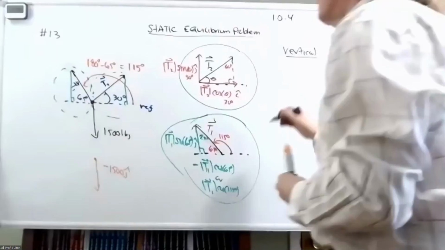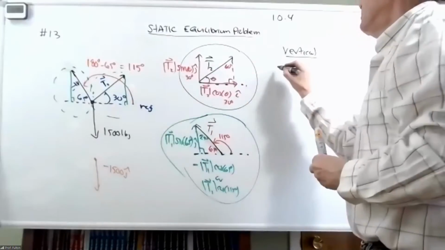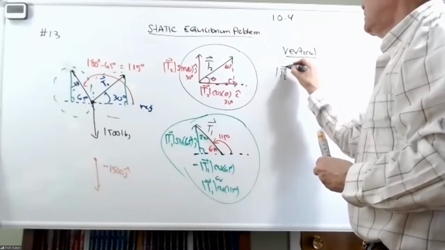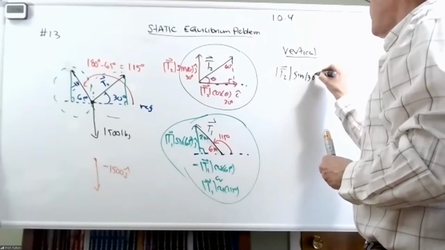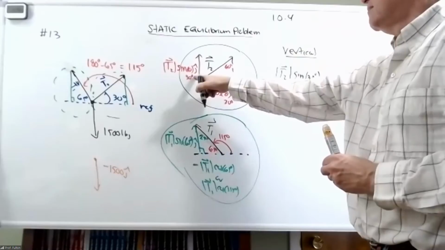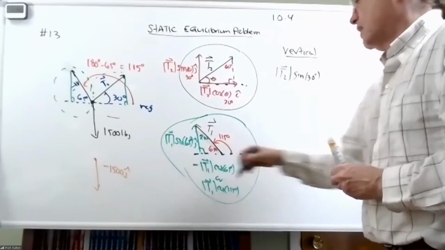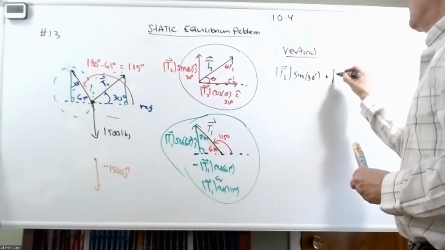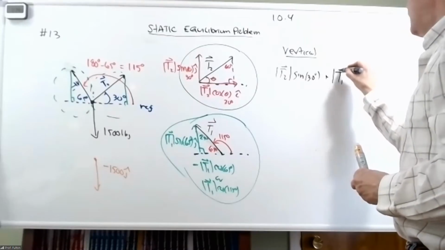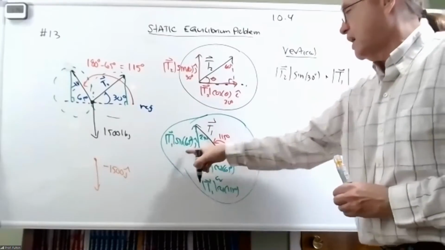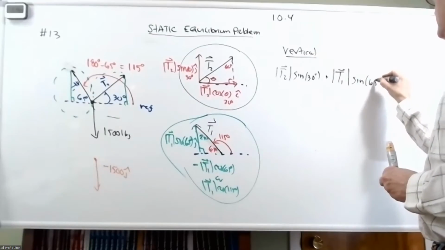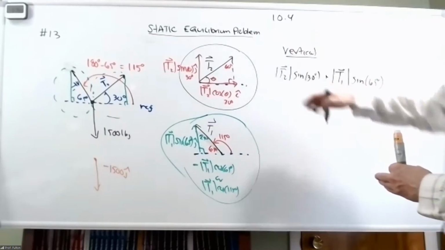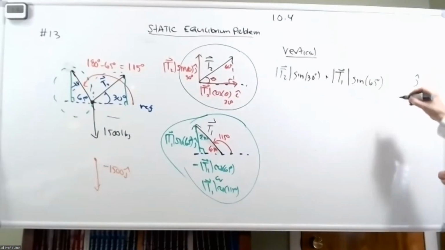So I have this one, the magnitude of T2 times the sine of 30 degrees, that's in the J. Here's another one in the J, plus the magnitude of T1 times the sine of 65 in the J. I'm not writing the J because I'm just putting all the J's together.